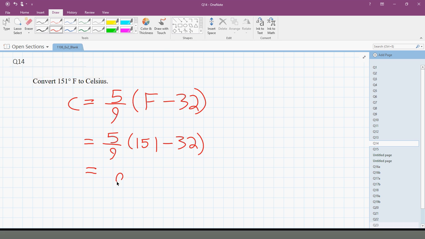You got it. 66.1 degrees Celsius. There you go. Good job. Perfect. Okay, now everything from here on out is all about geometry.